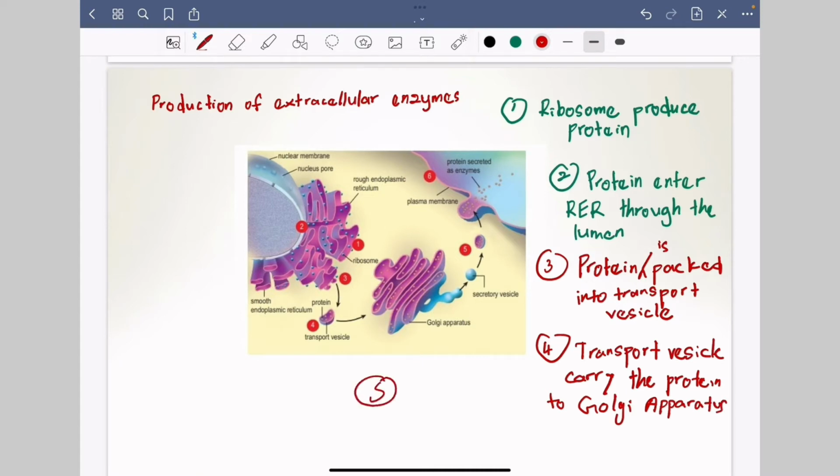And the fifth point, as the protein goes into the Golgi apparatus, the protein is modified into enzyme. Protein will be modified into enzyme. And this enzyme will be packed into a vesicle. And this time we call it a secretory vesicle.